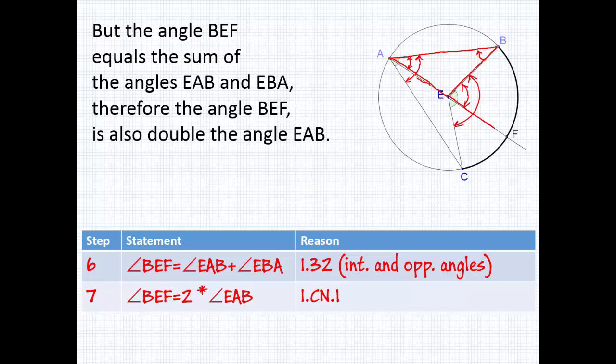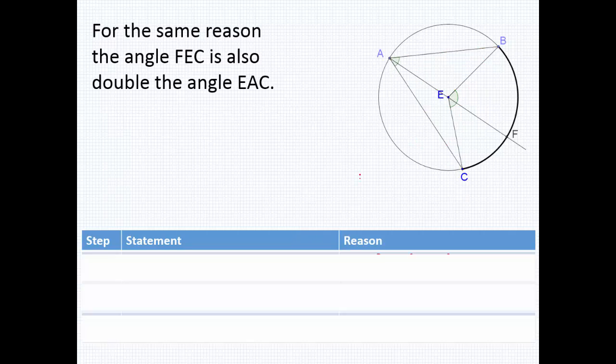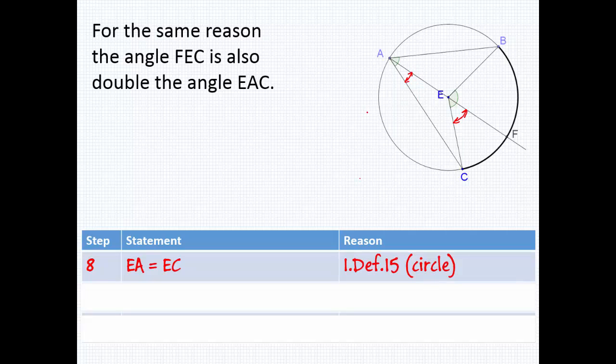Now we turn our attention to the other half of this problem, the triangle AEC. For the same reason, the angle FEC is also double the angle EAC. What would be the details of that? Well, first, we would need to show that EA is equal to EC, and that's by the definition of a circle.